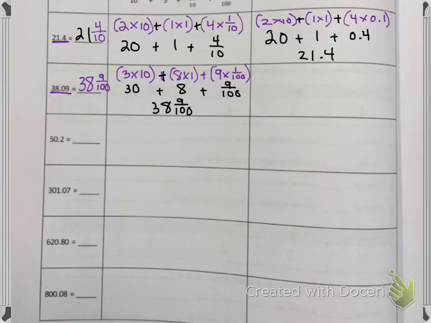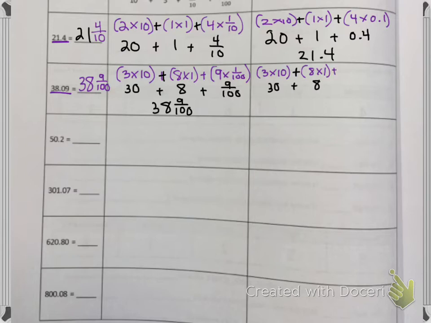Now let's do this in decimal form. Same thing. So 3 times 10, that equals 30. Sorry, trying to stay with the same ink here. And then we'll have 8 times 1, which is 8.